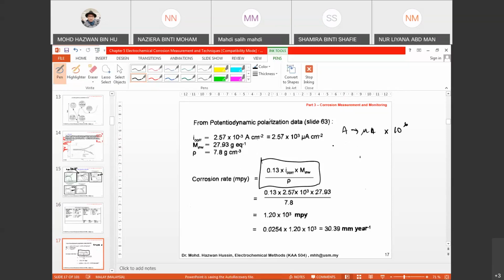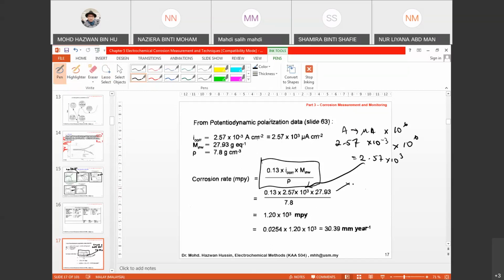In this case, 2.57 times 10 power of negative 3, multiplied with 10 power of 6, you will get 2.57 times 10 power of 3. The others, you just put the values as they are.